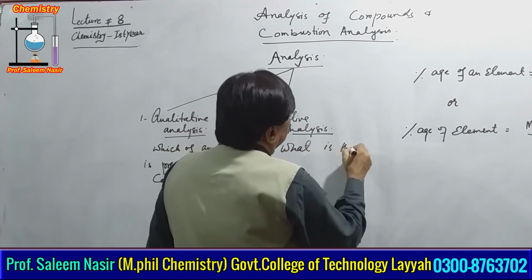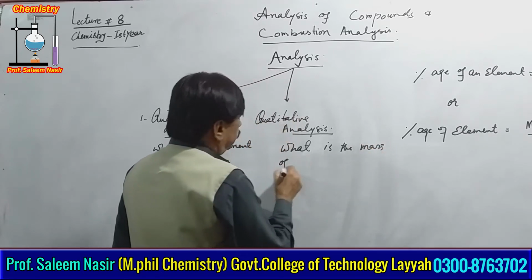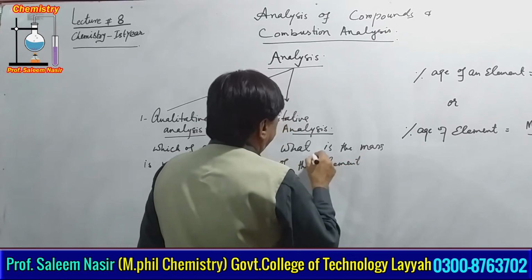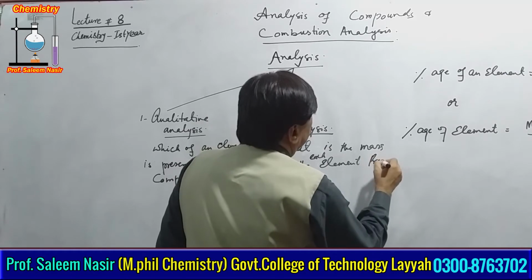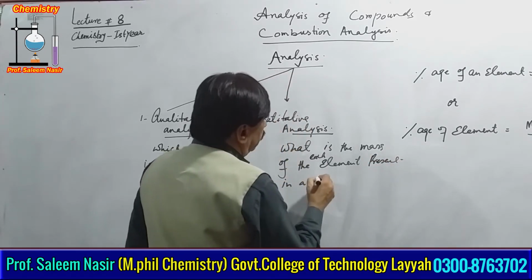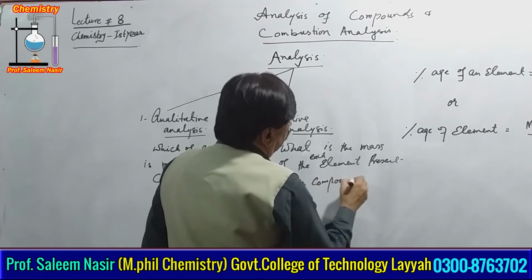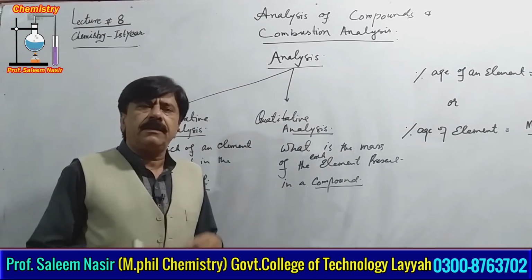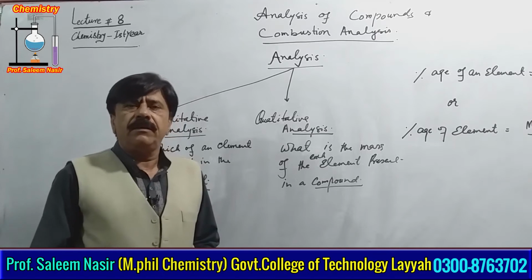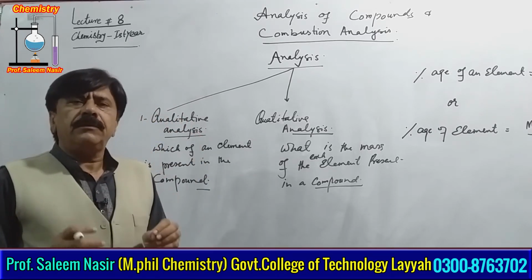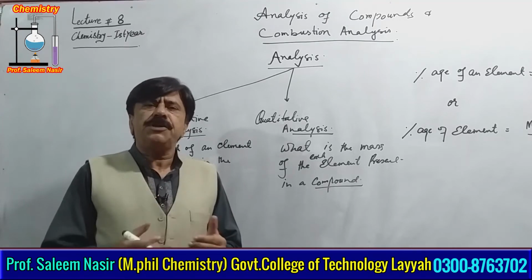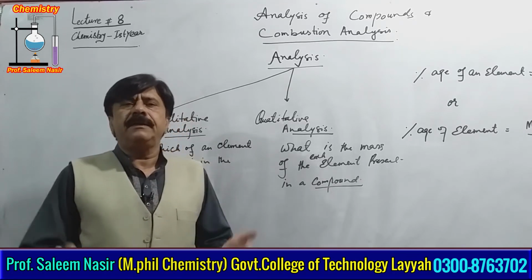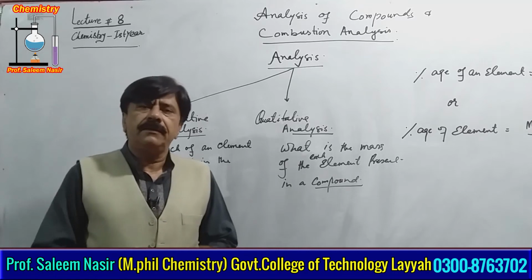What is the mass of each element present in a compound? कि किसी भी कंपाउंड में हर उस एलिमेंट की कितना मैस, कितनी क्वांटिटी मौजूद है. So we only identify the quantity, amount, mass of each individual element present in that compound which is under analysis process.